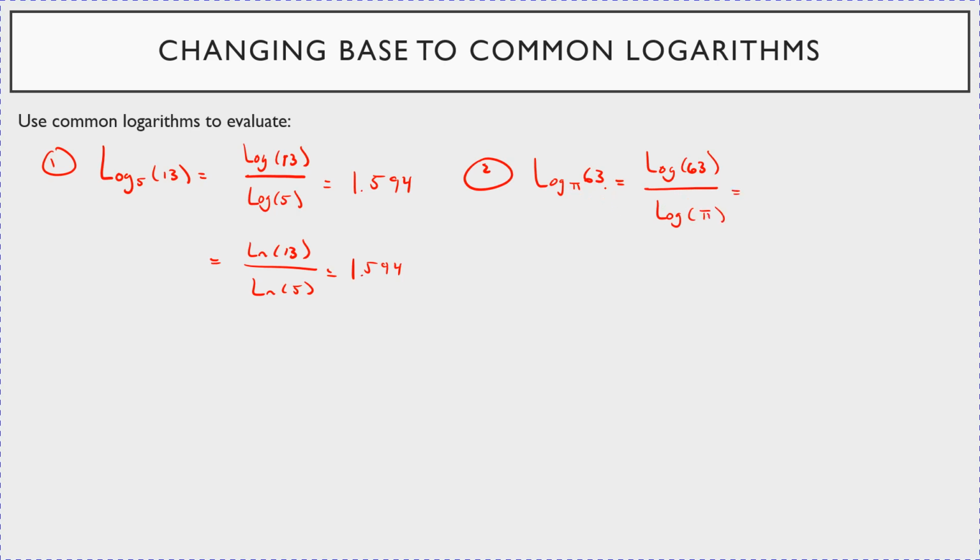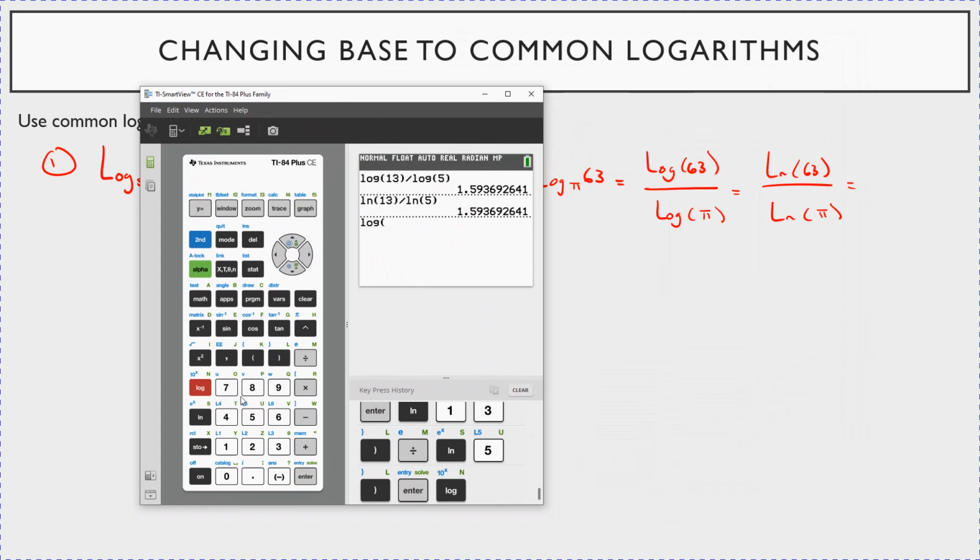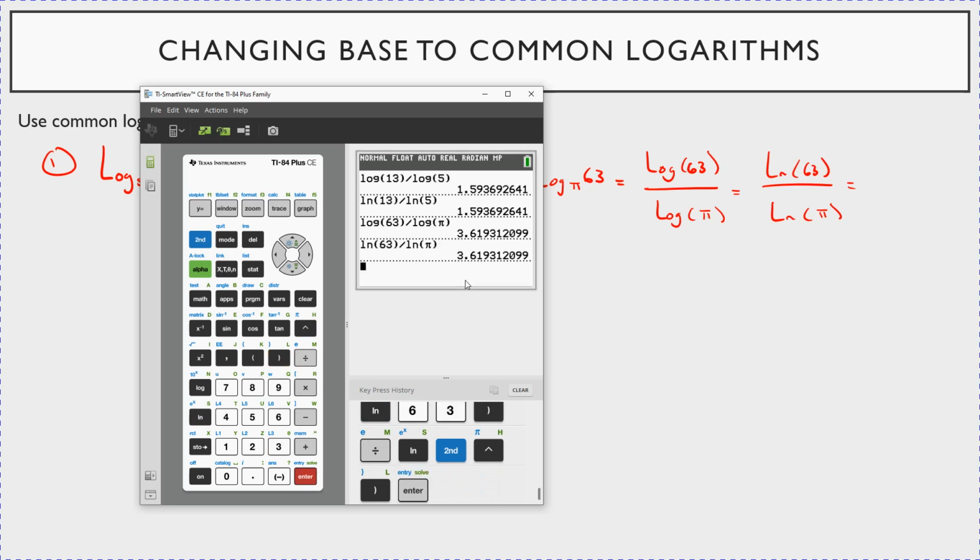Again, you're going to get the same answer if you use natural logs instead. So log of 63 divided by log of pi. Then let me show you with natural logs. Again, you get 3.619.